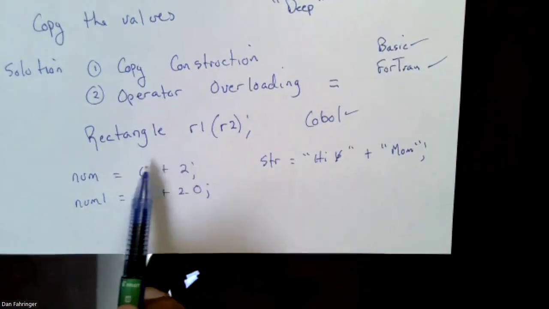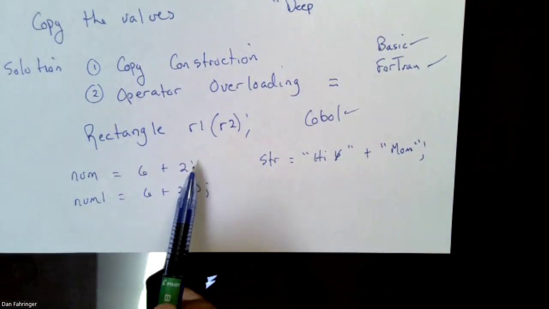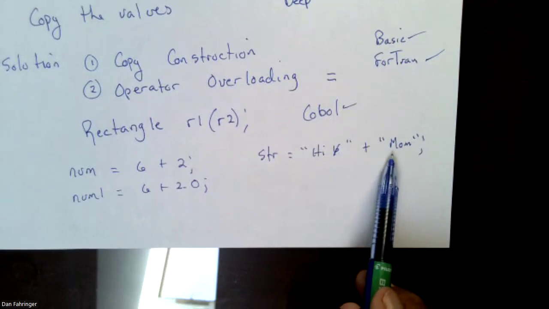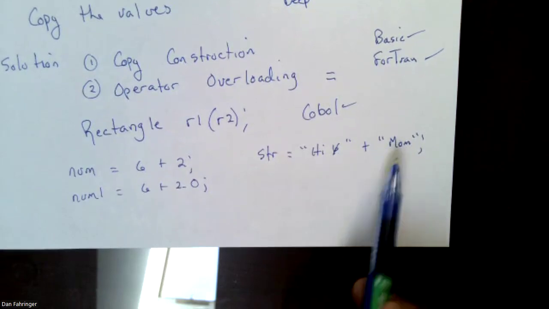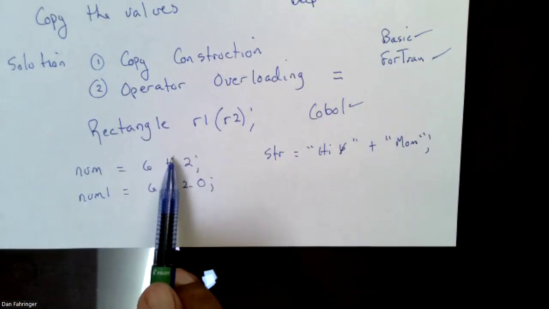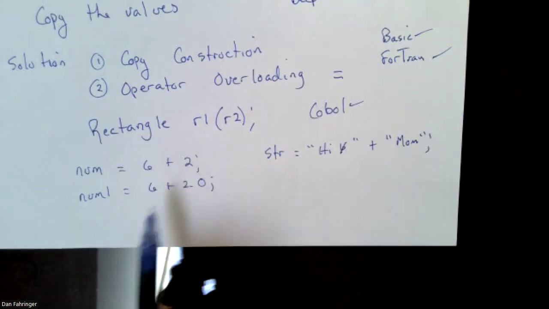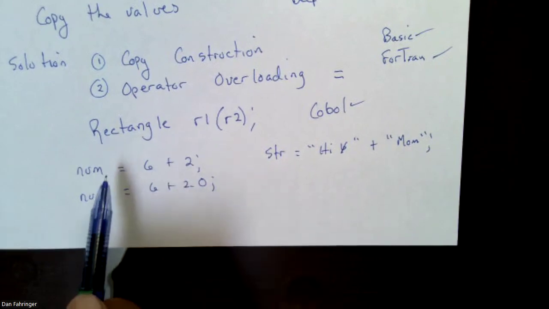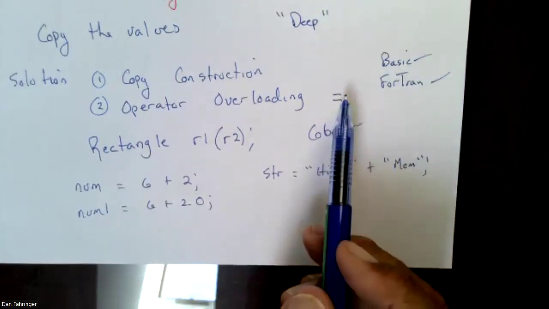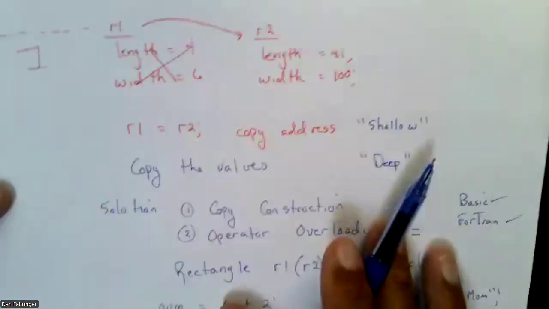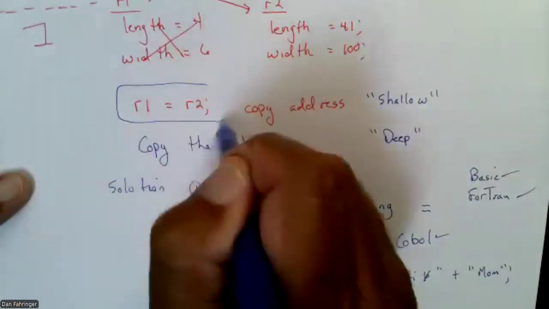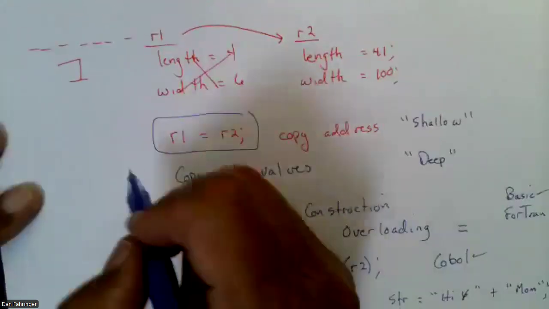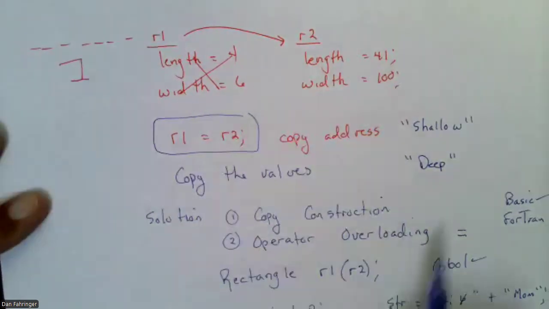There's code written to add integers, and code written to add strings. So this plus has lots of functions written to tell it what to do. It's an overloaded operator. We're going to overload the assignment operator, which originally copied addresses, with code so that it does deep copying.